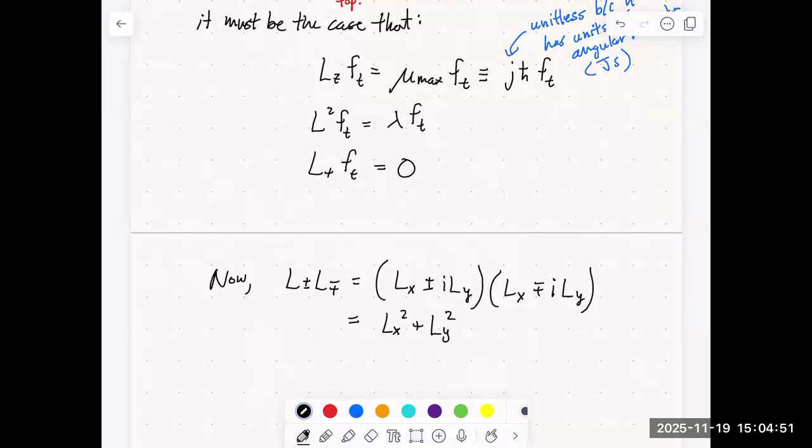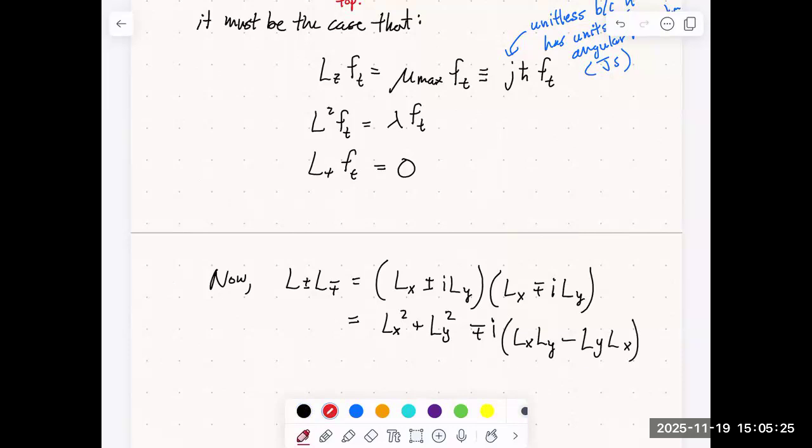I'm going to write it as minus plus i times Lx Ly, and then minus Ly Lx, but that's plus minus, so I'm going to put a minus sign in here so I can have my minus plus out front.